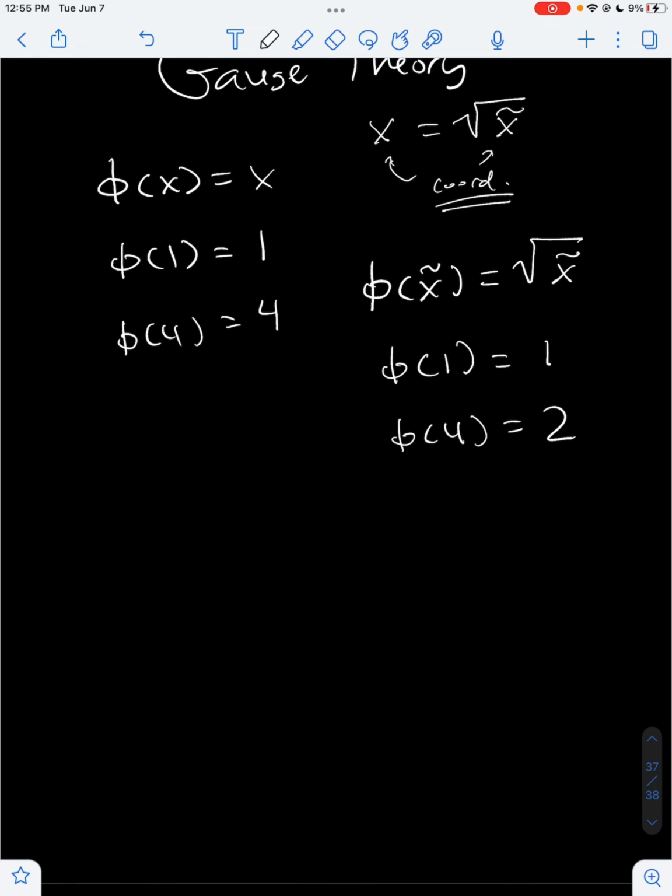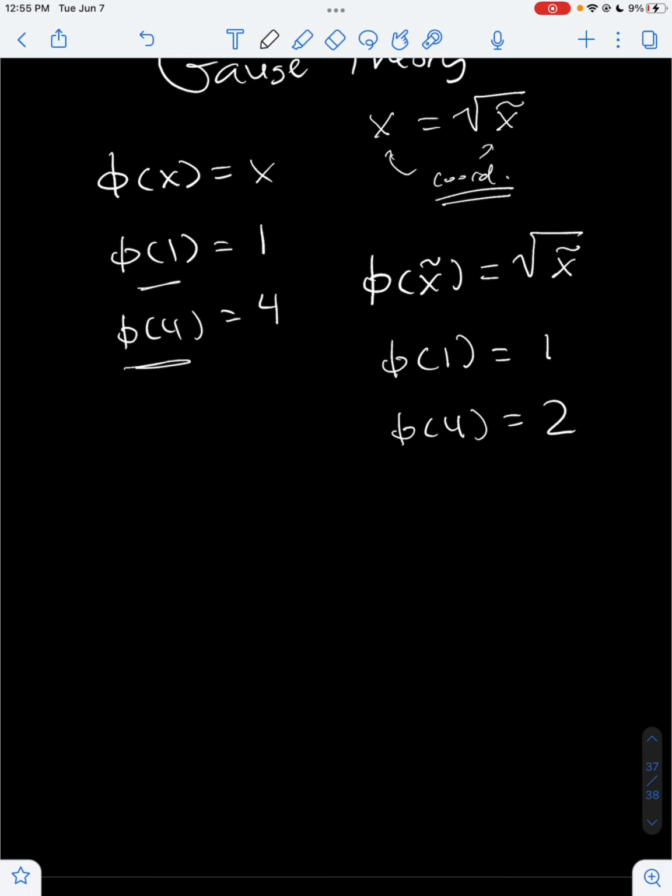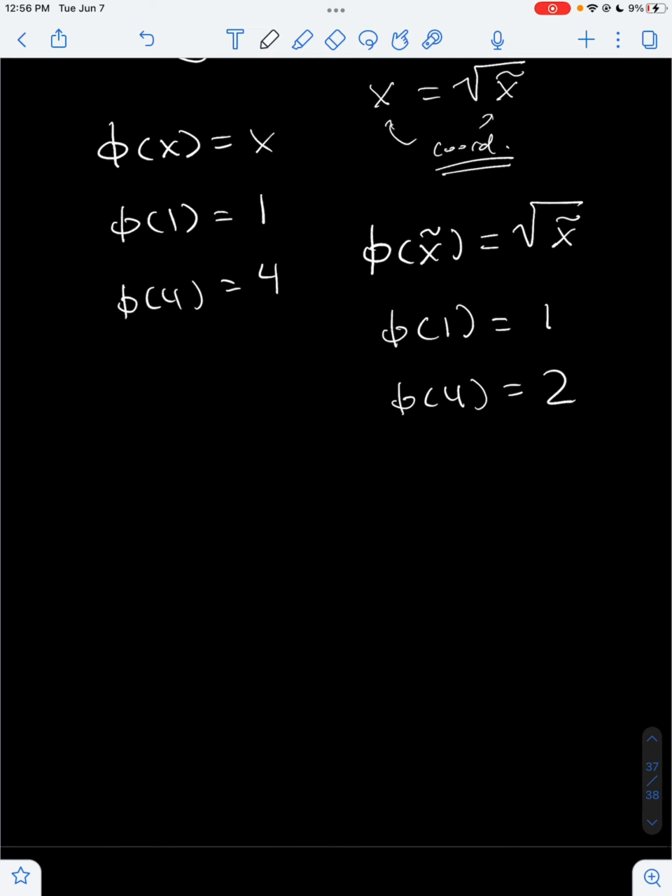Say we want to compare two different field values. Say we want to compare phi of 4 and phi of 2. To compare two field values, we would have to subtract their values, right? So the distance between phi of 4 and phi of 2 will be phi of 4 minus phi of 2.